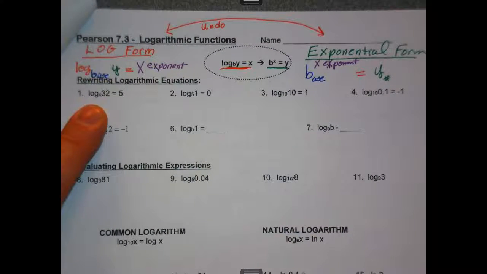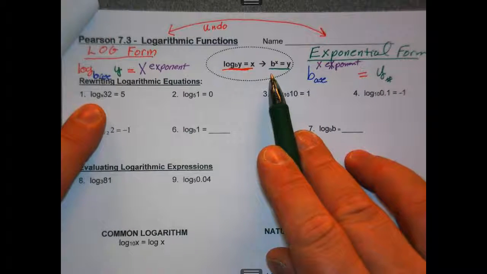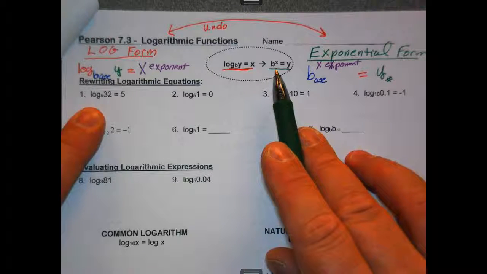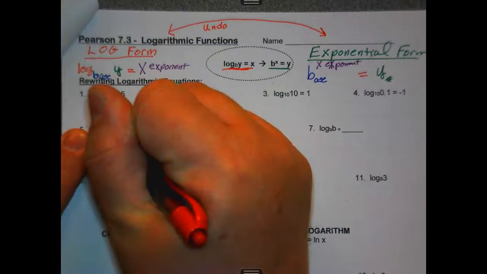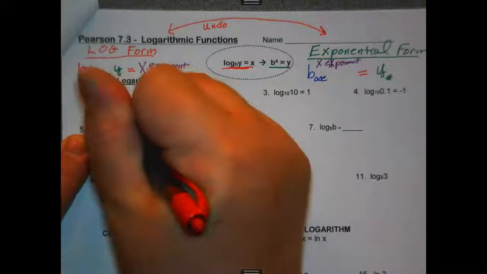Okay, so number 1. I'm going to put my power first just because it's like that in the formula here. So what's my base in log base x of 32 equals 5? X. My base is x. What's my exponent? 5. Very good.